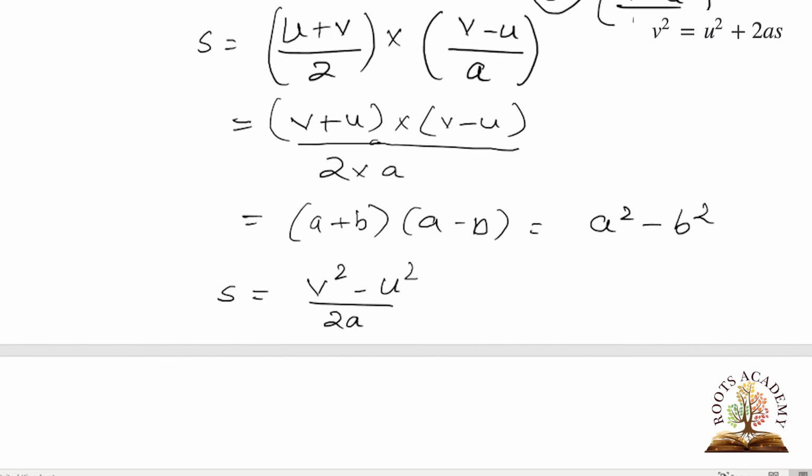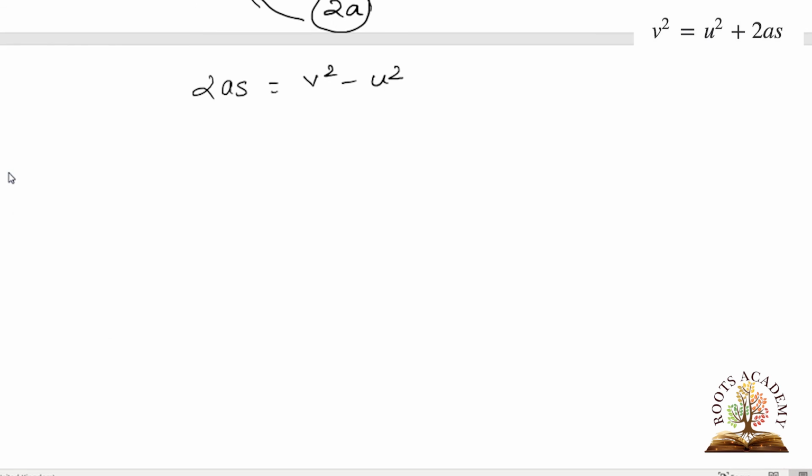upon 2a, which is our displacement. So now we are going to shift this denominator 2a over to the numerator side on the left hand side. So it's going to be 2as = v² − u². Now we are going to shift this minus u² over to the left hand side, and it's going to become u² + 2as = v².